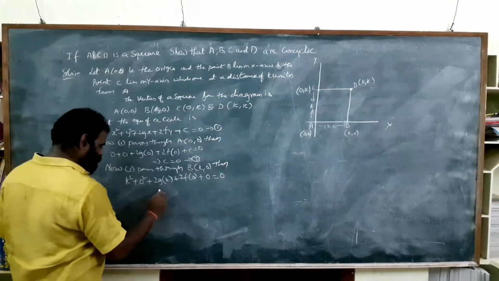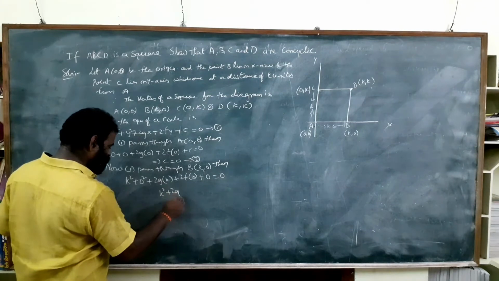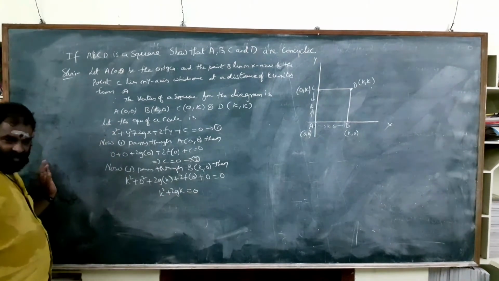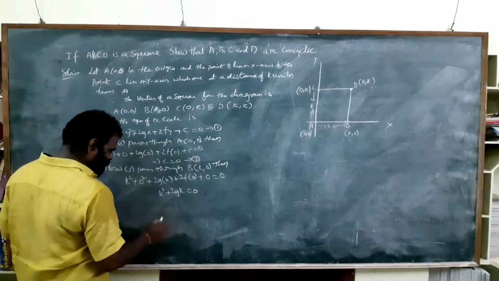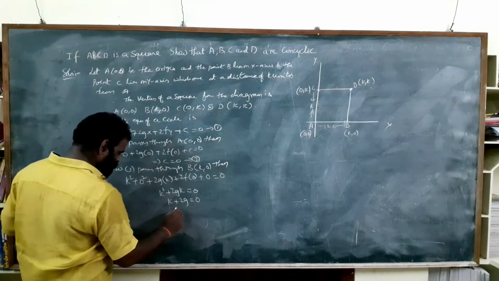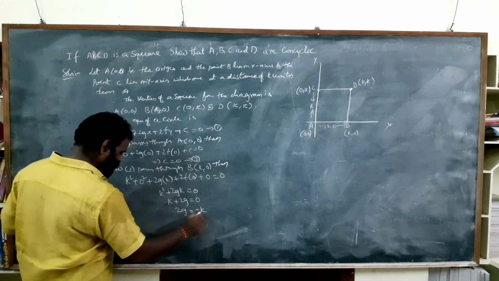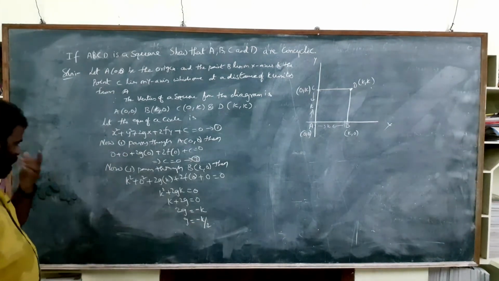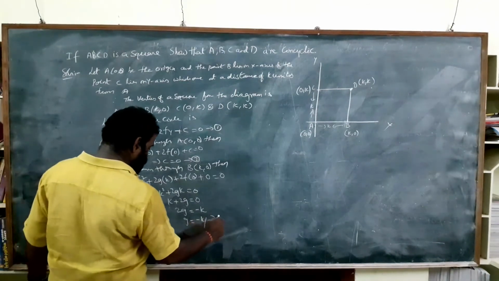So from this, k square plus 2gk equal to 0. Throughout the equation, one k will be cancelled. Then k plus 2g equal to 0, 2g equal to minus k, g equal to minus k by 2. So here we get g equal to minus k by 2, which is the third equation.